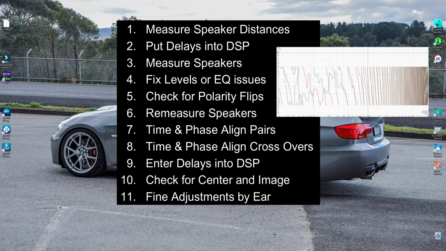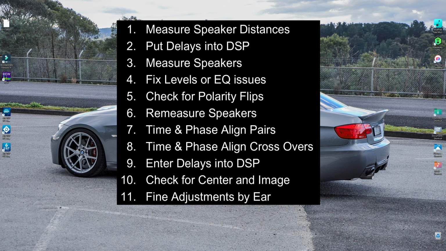What you need to realize is the microphone doesn't always pick up exactly what your ears hear, and so you're going to have slight variations between a good tune and what you hear and exactly what the graphs are telling you. I'll cover that as we go through the practical parts of this tutorial.